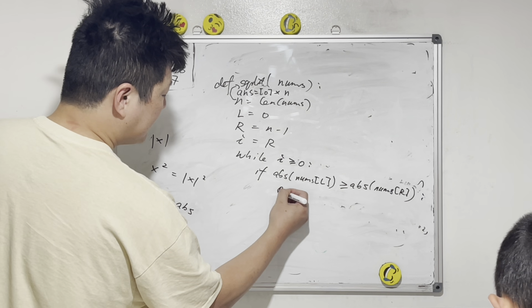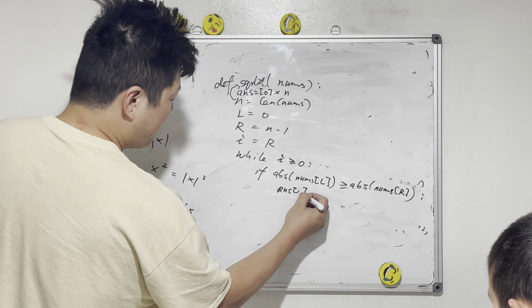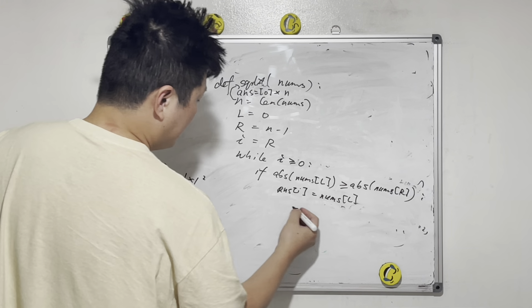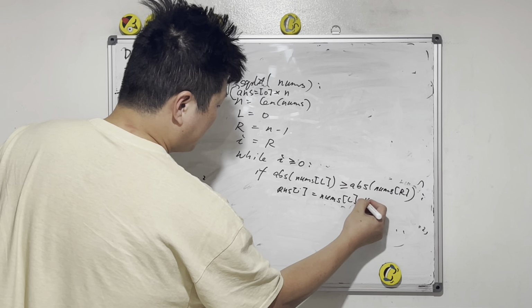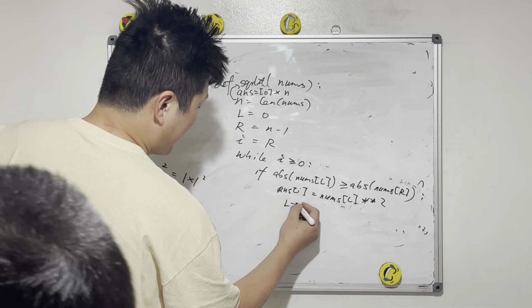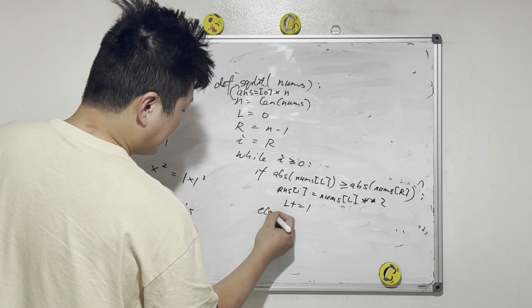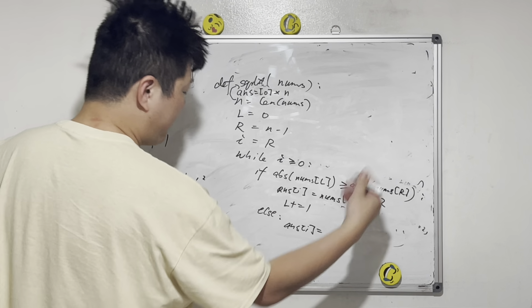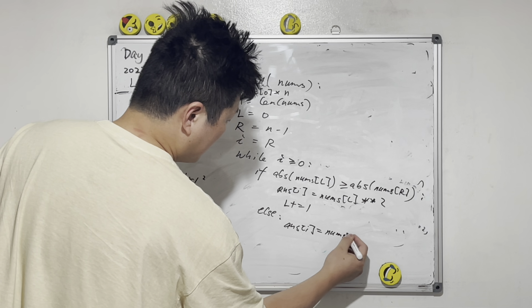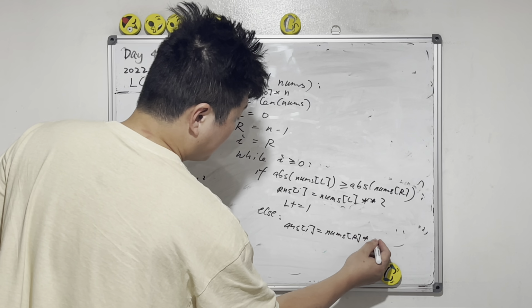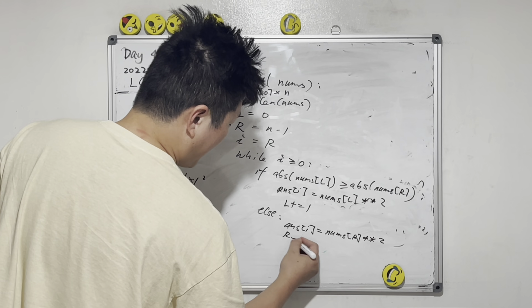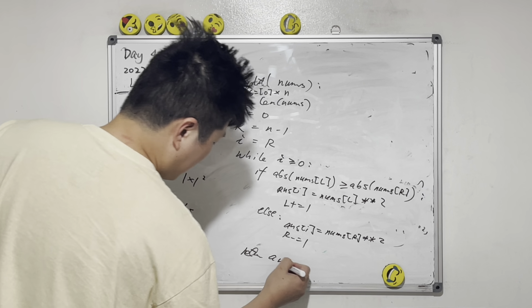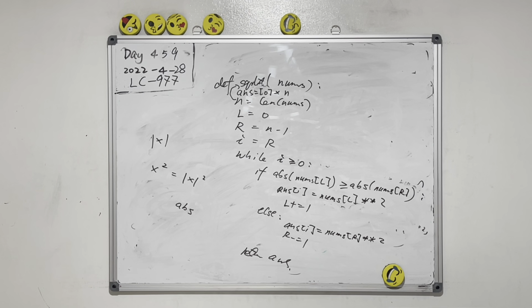So answer[i] equals nums[L] to the power of 2, and then L plus equal 1. Else answer[i] equals the number on the right, nums[R] to the power of 2, and then R minus equal 1, and then return answer.